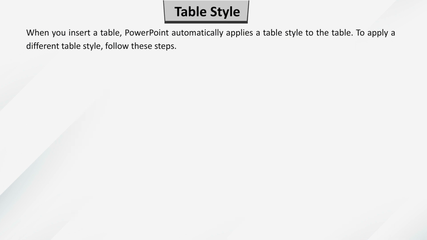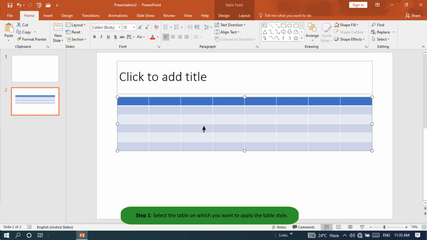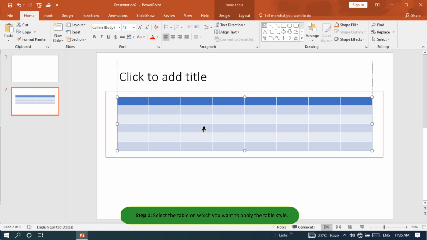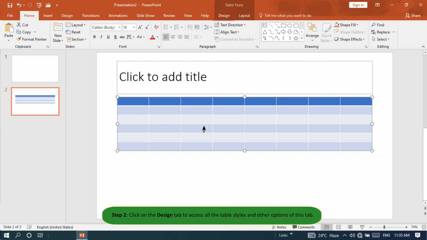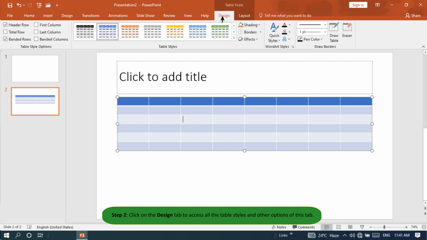Table Style. When you insert a table, PowerPoint automatically applies a table style to the table. To apply a different table style, follow these steps. Step 1. Select the table on which you want to apply the table style. Step 2. Click on the Design tab to access all the table styles and other options of this tab.